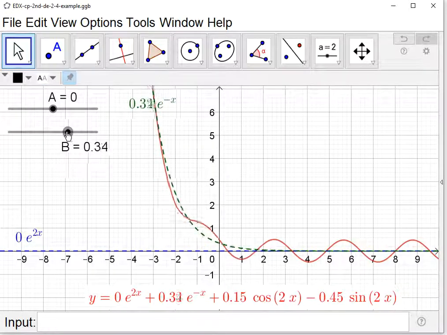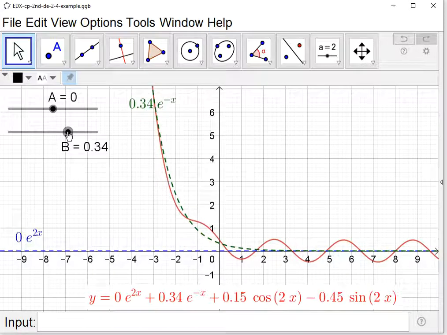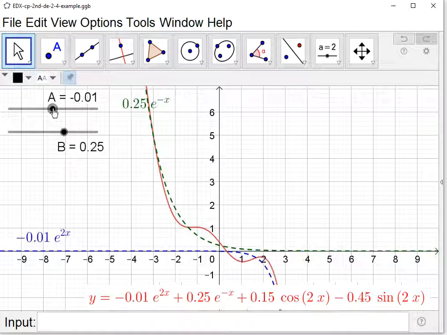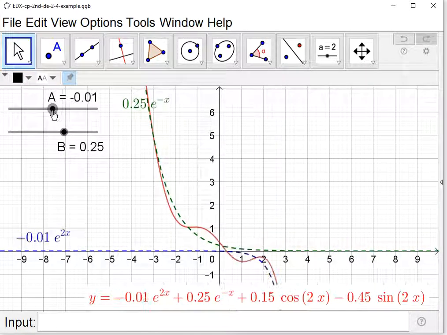So now when I change b, I can change the look on the left hand side of the graph, but on the right hand side we can again see that it's behaving like an oscillating wave. That's because when x is positive we're looking at just the trigonometric part of the solution. So by controlling a and b we can see various characteristics of the general solution.